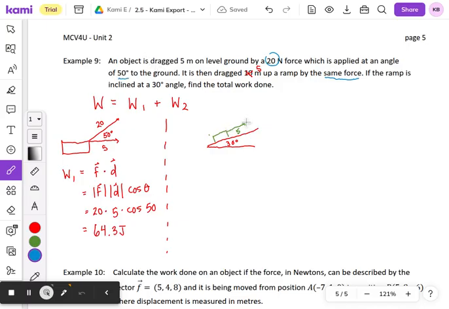So if you think about this angle, if that's horizontal to the ground, the force, even if I apply it just in line with this displacement vector, that will be 30 degrees to the ground. Okay, so I still want it to be 50 degrees to the ground.